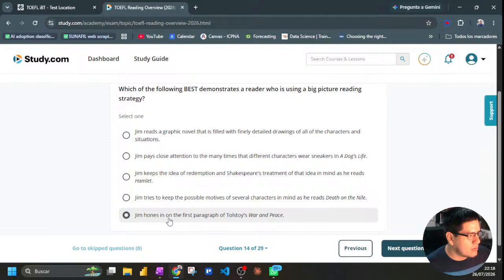Jones hones in on the first paragraph of Tolstoy's War and Peace. Could be keeps the idea of redemption and Shakespeare's treatment of that idea in mind.